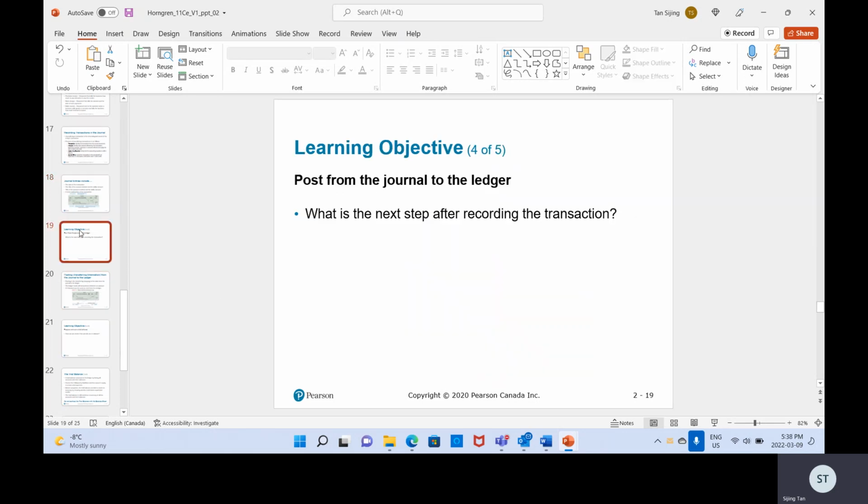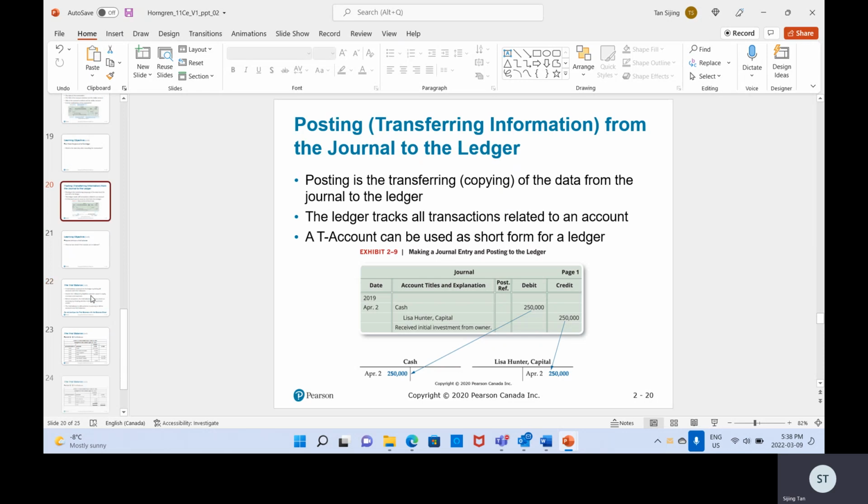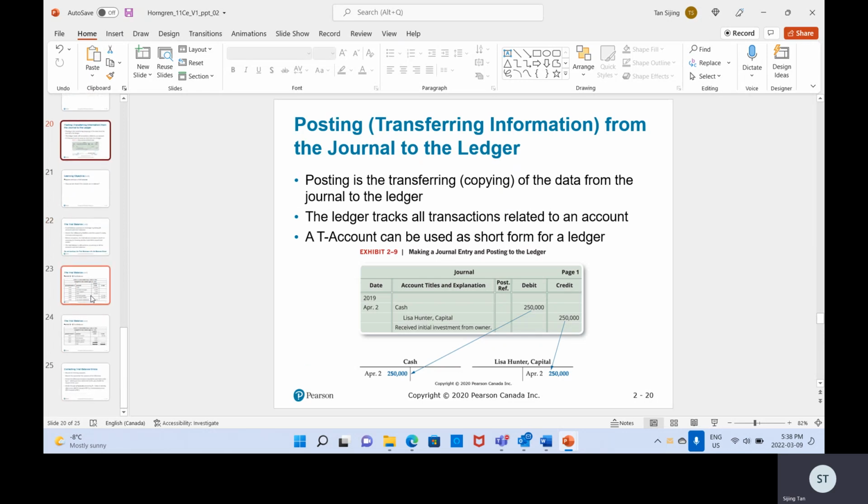Now we move on to posting from the journal to the ledger. Posting is the process of transferring data from the journal to the accounts in the ledger. Debits in the journal are posted as debits to the appropriate account, and credits in the journal are posted as credits to the appropriate account.